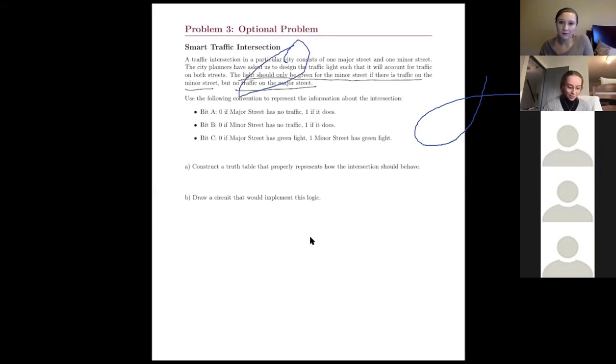So the major street has to be a 0 and the minor street has to be a 1. That's the only case in which you can get a 1 for the green light. So it's sort of like working backwards, what has to be true, and then building your truth table backwards. I don't know if that helps, but that is how I did it.